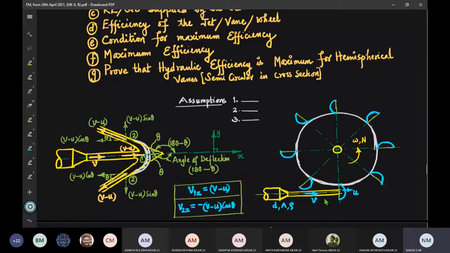In fact, we derived an expression for the hydraulic efficiency of such a case when a series of flat vanes are fitted on the wheel. And we found that the condition for maximum efficiency in that case is V is equal to 2U. V is the velocity of the jet and U is the velocity of the plate, or the tangential velocity of the wheel.